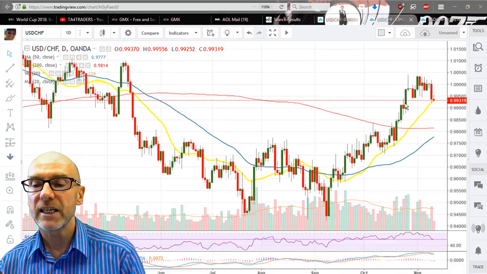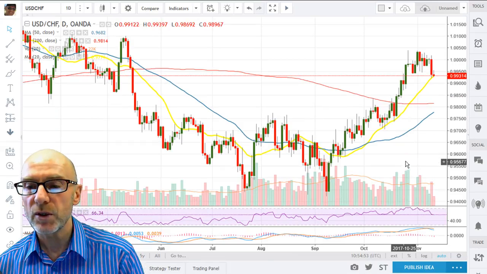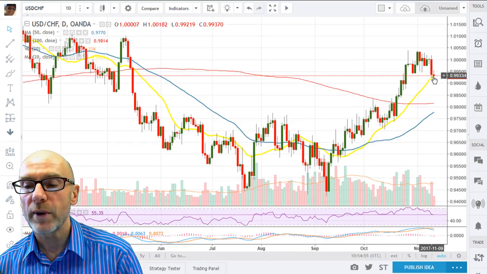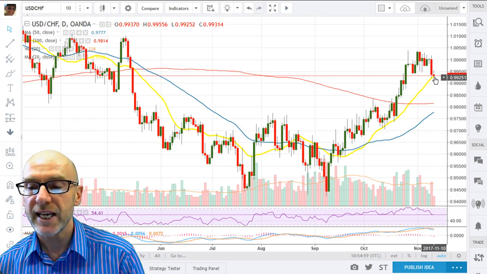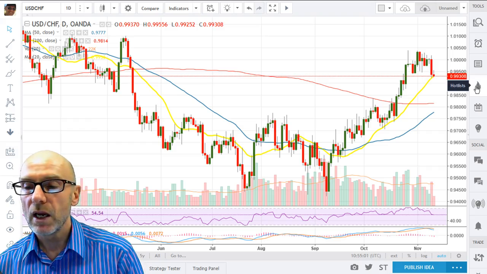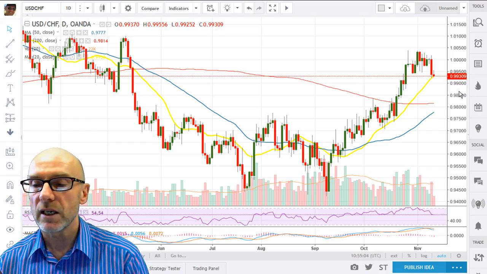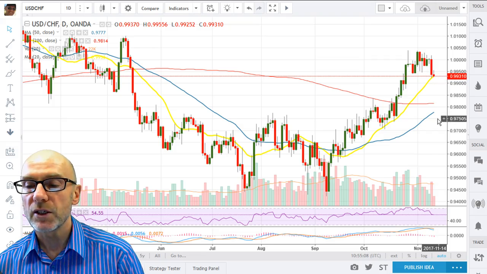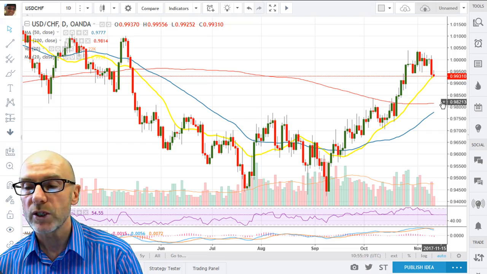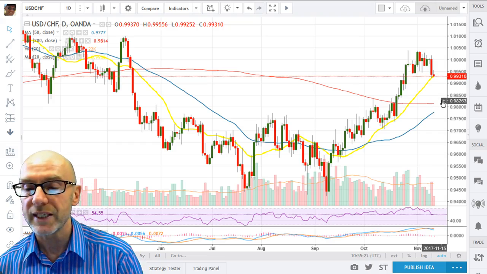On the daily picture, you can see that we've pulled back to the 20-day moving average. That is a key support level. I'll give you the exact figure later in the video. That's moving up. You can see that the 200, the red line, has now started to turn round as well, and we are going to get a golden cross as the 50 crosses the 200, which will be in about 3 or 4 days.